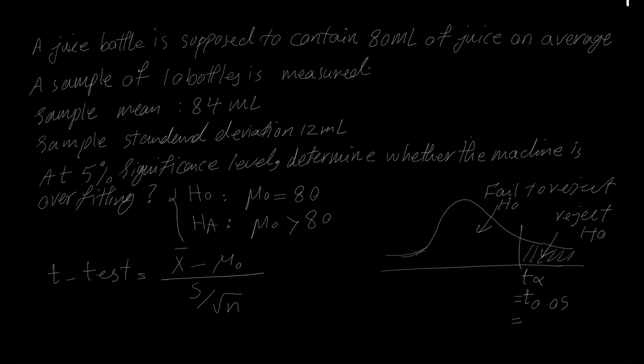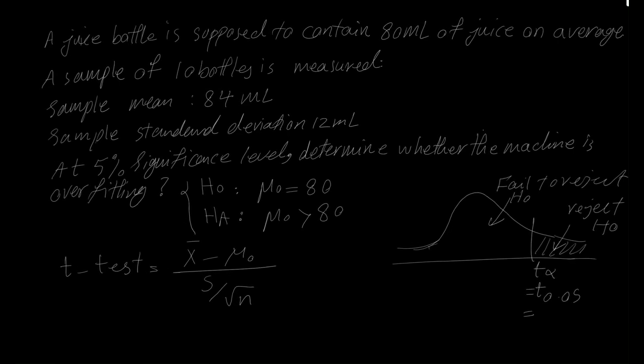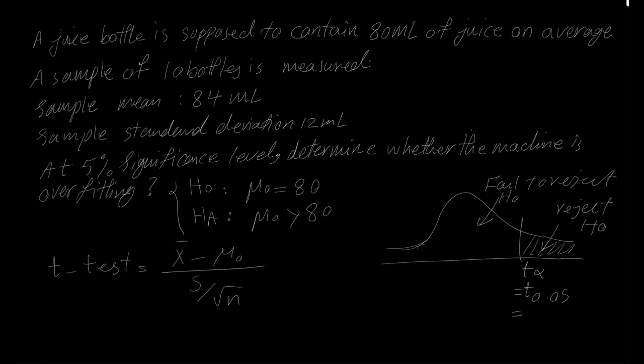To calculate T of 5%, remember that when we have t-distribution, it's important to know the degree of freedom. And degree of freedom is n minus 1. In this case, n is 10 and n minus 1 is 9. Okay.